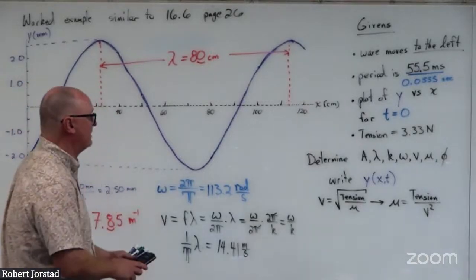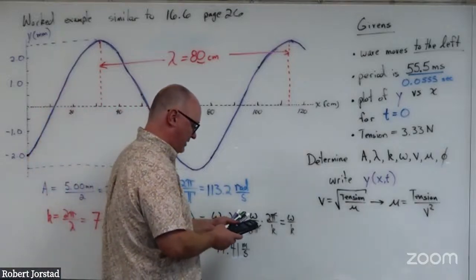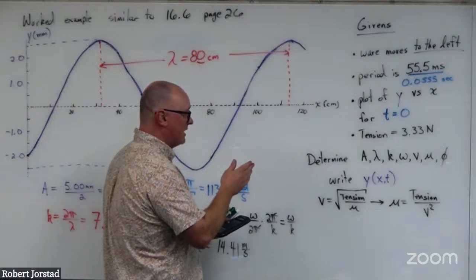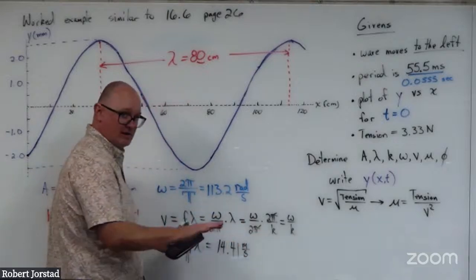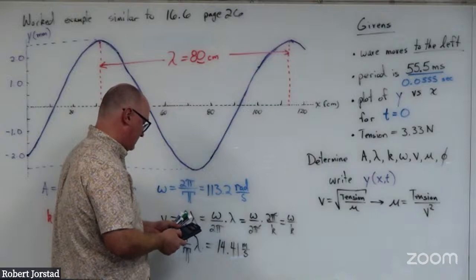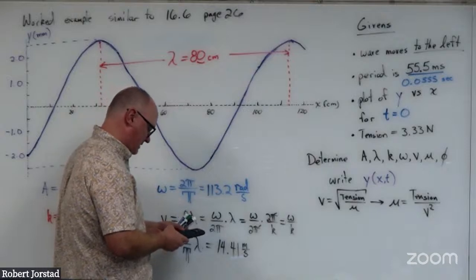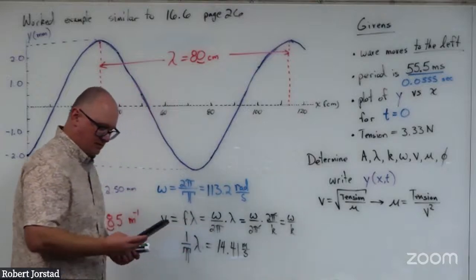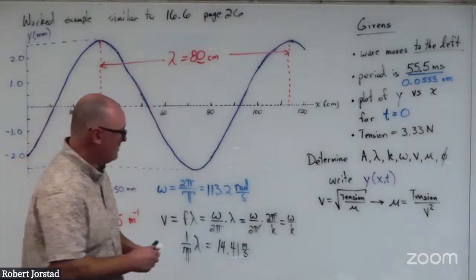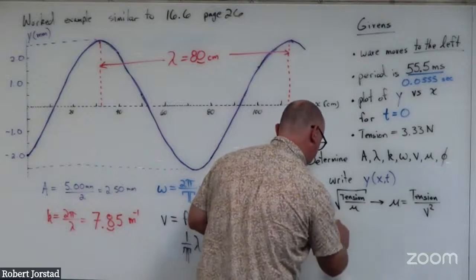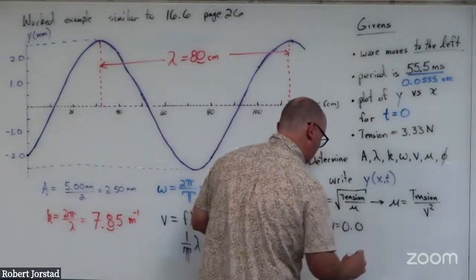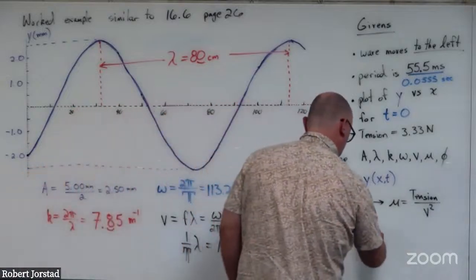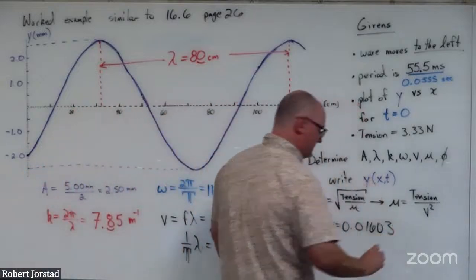Let's try it. 3.33, and that's in newtons, and this is in meters per second. So our units should be all good. Divide by answer squared. I got 0.01603 or something like that.